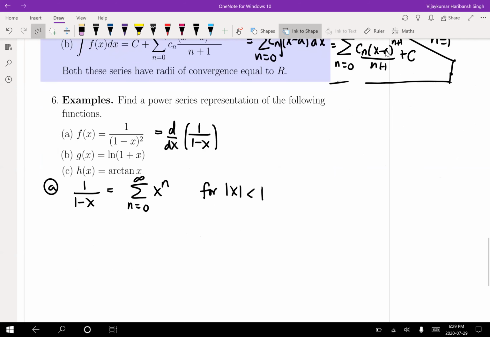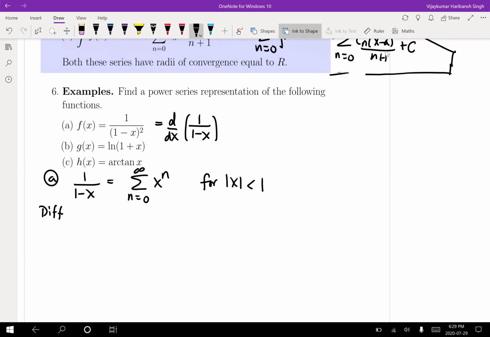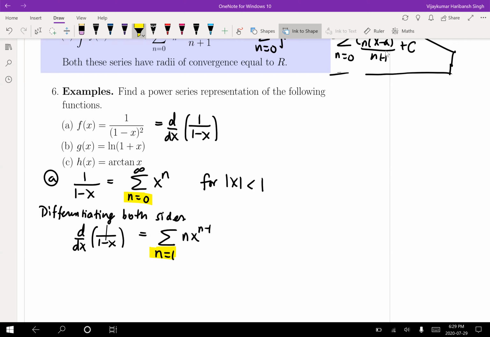So differentiating on both sides, we get d by dx of 1 upon 1 minus x equals summation n times x to the power n minus 1. Now note that it should start from n equals 1, not n equals 0. So please notice the difference. The reason for that is the first term became 0, and this is all still valid for absolute value of x less than 1.